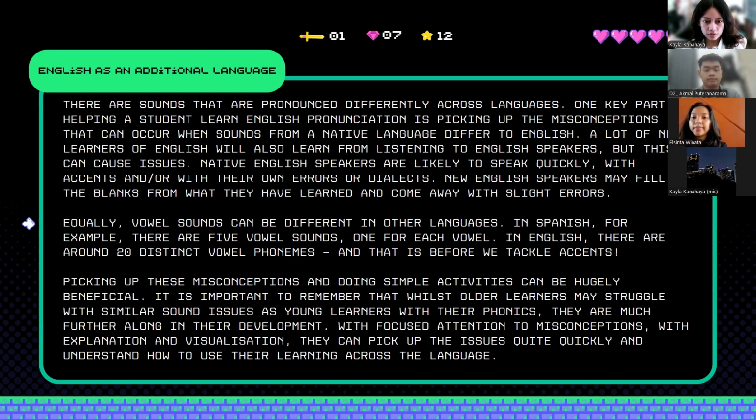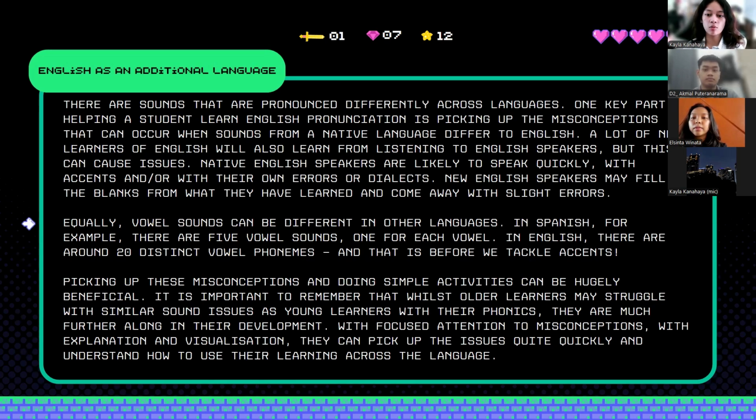Equally, vowel sounds can be different in other languages. In Spanish, for example, there are five vowel sounds, one for each vowel. In English, there are around 20 distinct vowel phonemes, and that is before we tackle accents. Picking up these misconceptions and doing simple activities can be hugely beneficial.